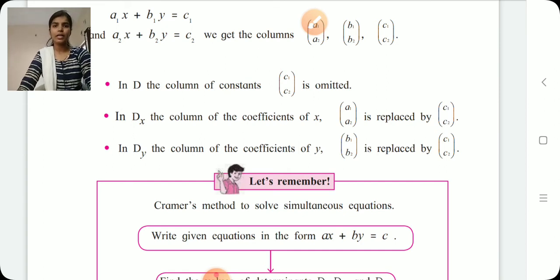That means in D you are writing just two columns, a1 a2, b1 b2. In Dx, the coefficient of x, that means a1 a2, is replaced by c1 c2. And in Dy, the coefficient of y, that means b1 b2, is replaced by c1 c2. Okay.